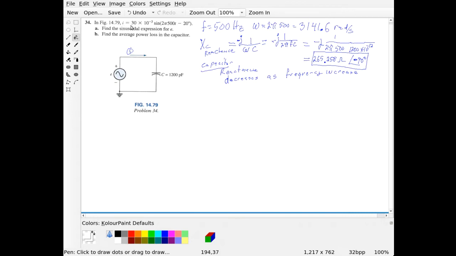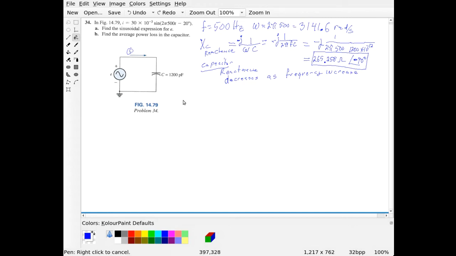You know, you should always go back and read the problem. Oops, somehow I got that white. You should always come back up and read the problem. They were giving us the current. Okay, so they are giving us the current up here. They are not giving us the voltage. I just assumed that they were giving us the voltage. Okay, but they did not. So they're giving us the current, so we have to find the voltage.